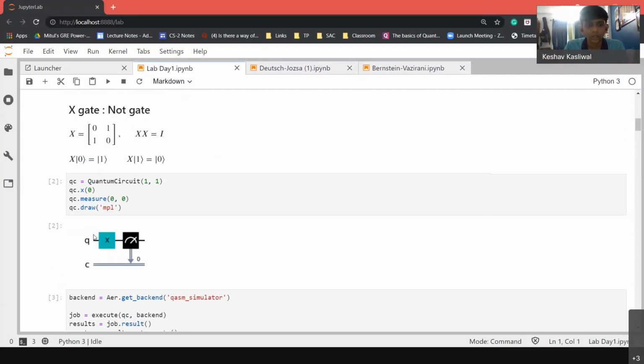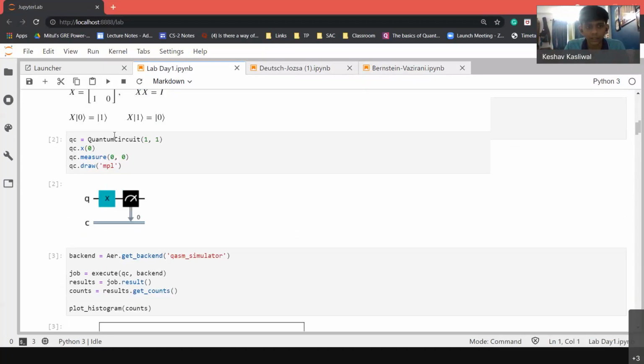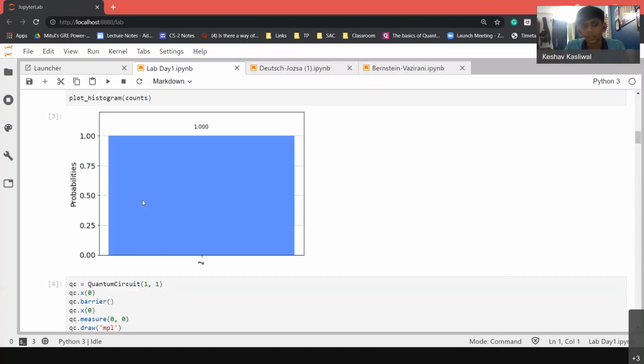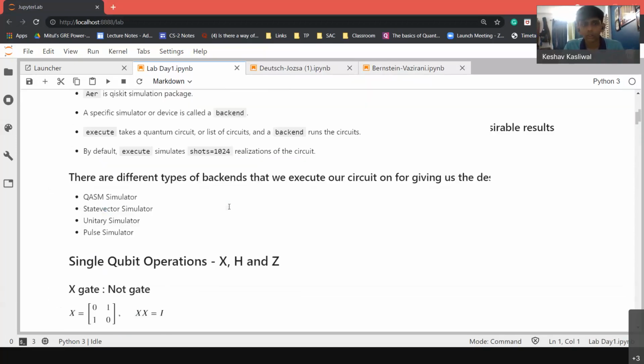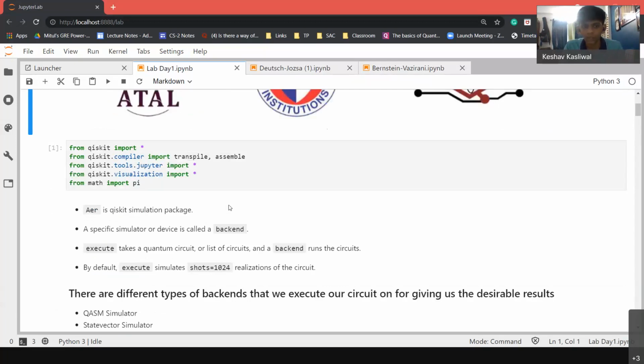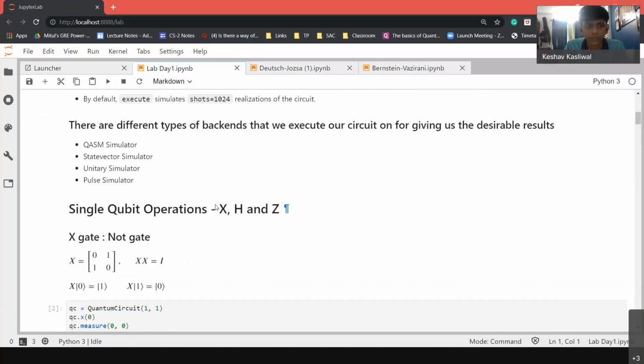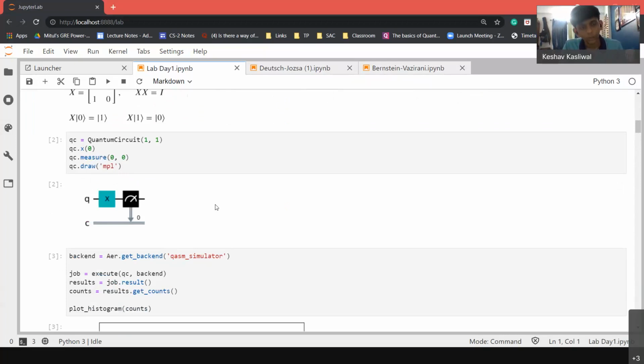So let's say we had the 0 state, we applied an X gate, and then we measured. That means the state that we should get is 1, right? Because that is what the X gate does. So now coming back to the code. I hope this all is clear. If you have any doubts, put it on the chat and I'll surely solve it.